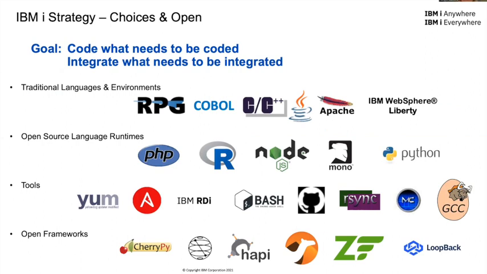As I said, the IBM i strategy is made up of a lot of open source, and we have a ton of it available. Everything from languages, open source tools, and frameworks. And that enhances the environment that we have been working with for a long time, things like RPG and COBOL. But it's not the RPG and COBOL that ran in 1988. This is free format. This is the new instruction set.